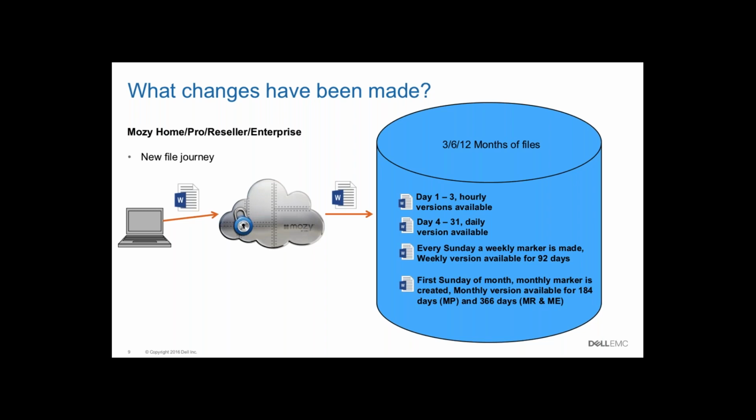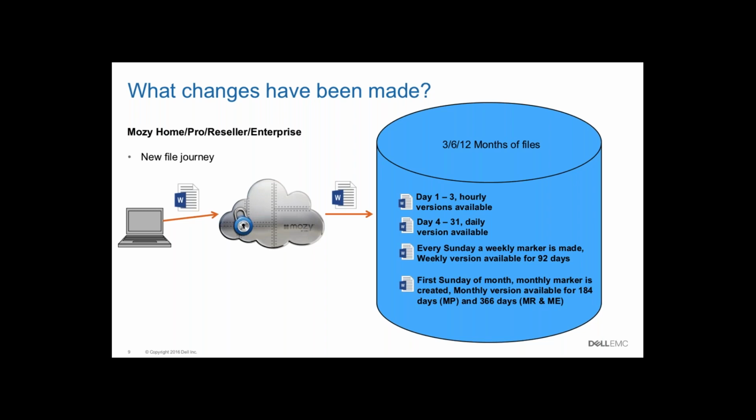With the version consolidation, by consolidating and merging files, you're not losing any data, we're just giving you fewer restore points. And by giving fewer restore points, we're able to increase the period that you can retain your data for. So there's a slight trade-off there. You're getting longer retention, but fewer restore points.